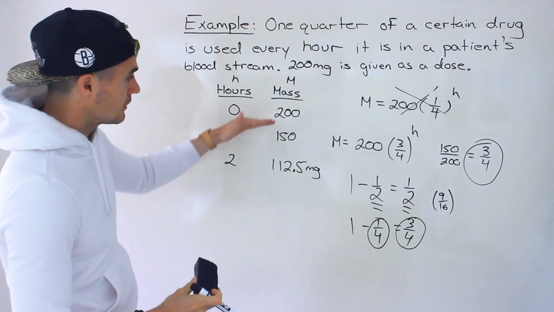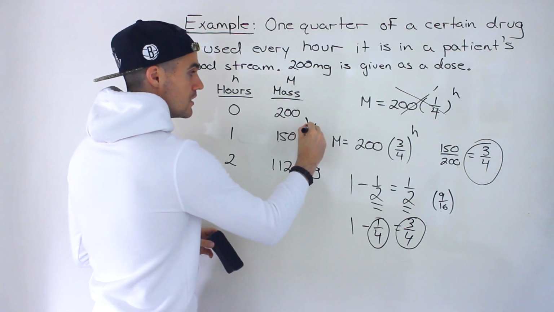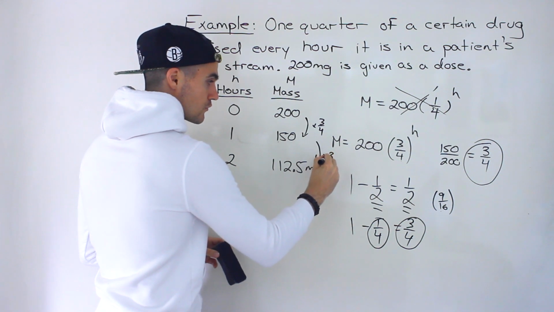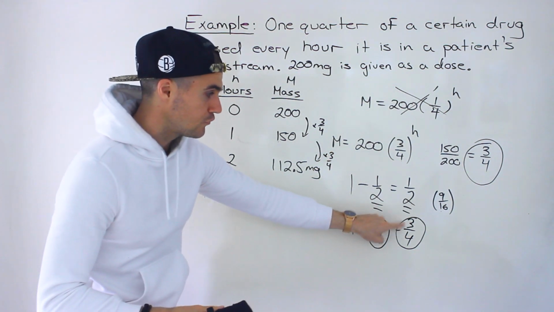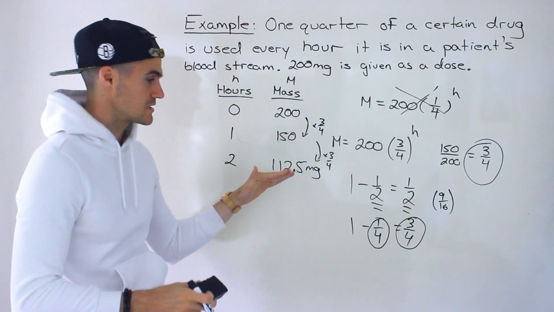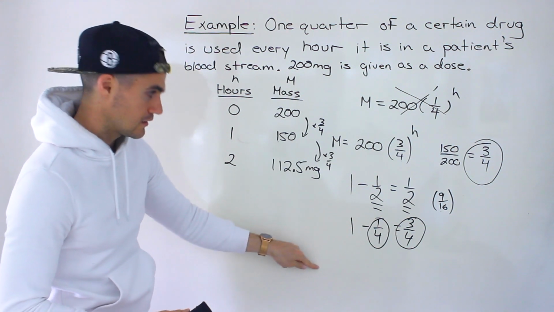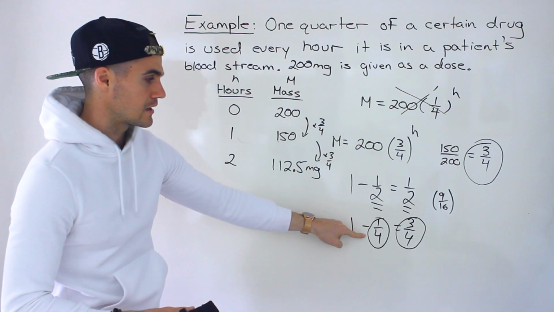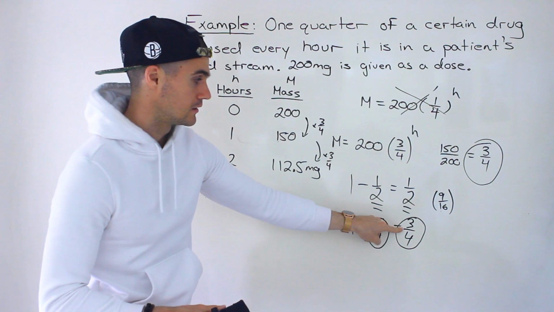So what we're doing all the time here is multiplying by 3/4. Because 1/4 is being used, that means 3/4 is the amount remaining every time of the previous amount. So this number, we'd multiply by 3/4 to get the next one, then 3/4 the next one, etc. You wouldn't be multiplying by 1/4 for the mass that is remaining.